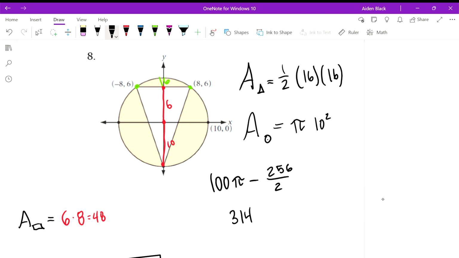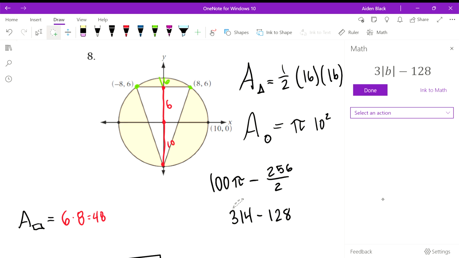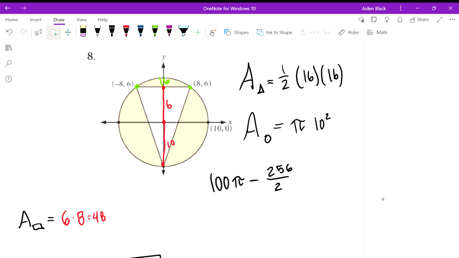This is approximately 314 minus 128. The difference there should be like 90 or 190, around there. Having trouble here. Wish I had a calculator.